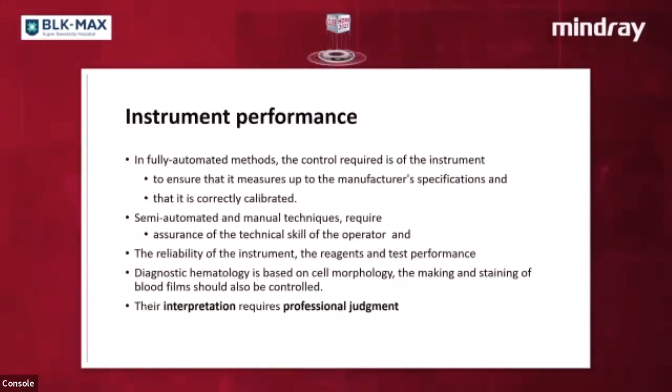Diagnostic hematology is based on morphology, making stained blood films. Not all laboratories are as advanced as CMC, and therefore we still rely on morphology. Therefore, the peripheral blood smear still plays an important role, and its interpretation requires professional judgment.